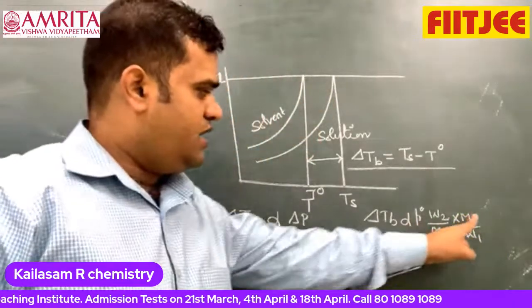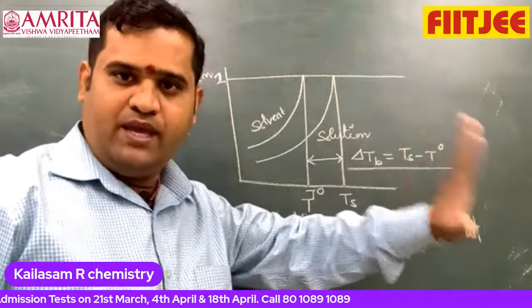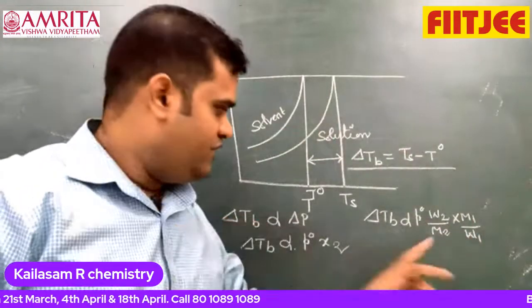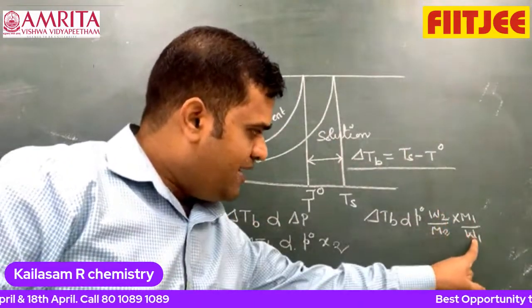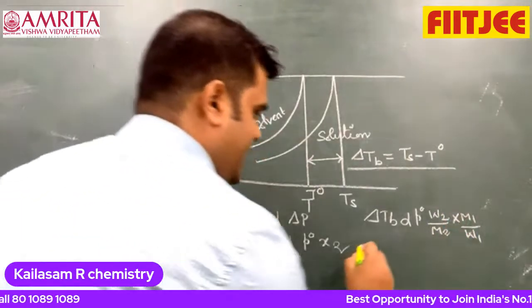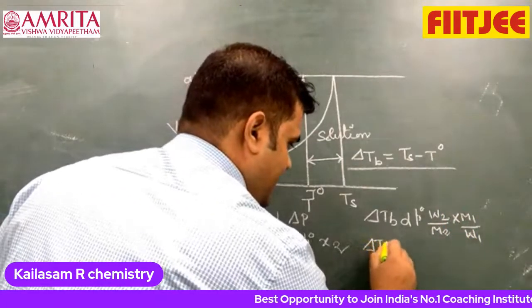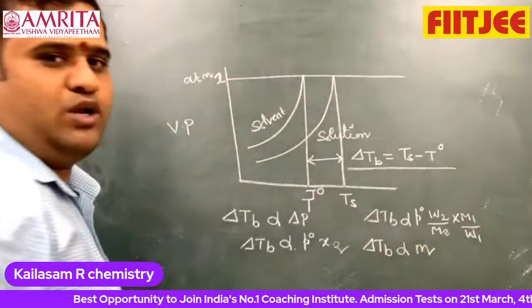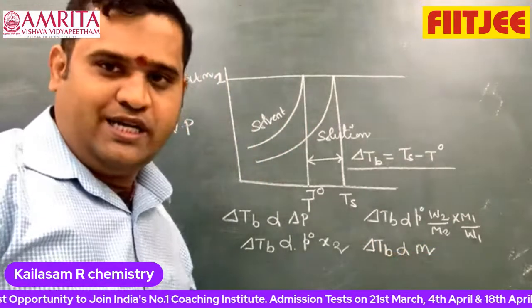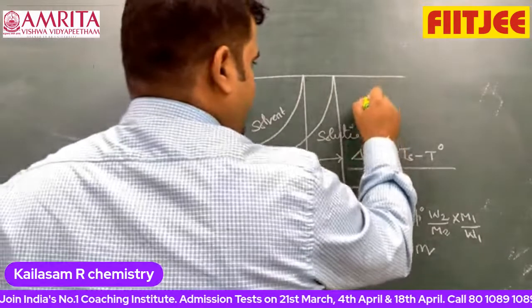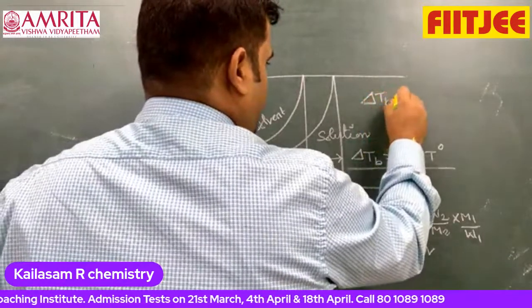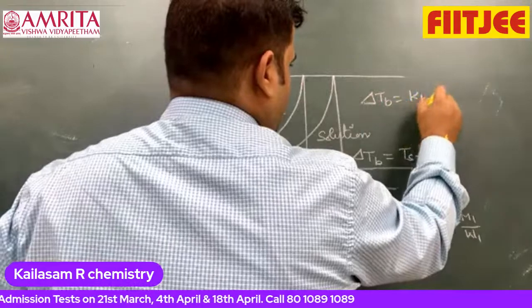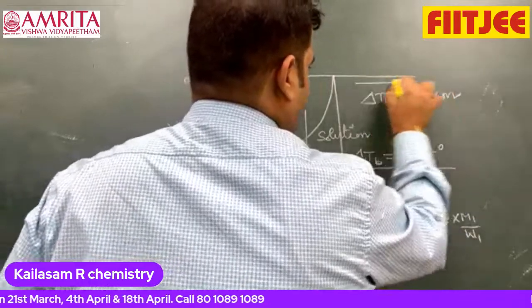Obviously, P naught and M1 are always constant for the pure solvent. Therefore W2 by M2 by W1 is called molality. So I can write delta TB is proportional to m, where m is molality. To remove this proportionality term, I introduce KB and write delta TB is equal to KB into m.